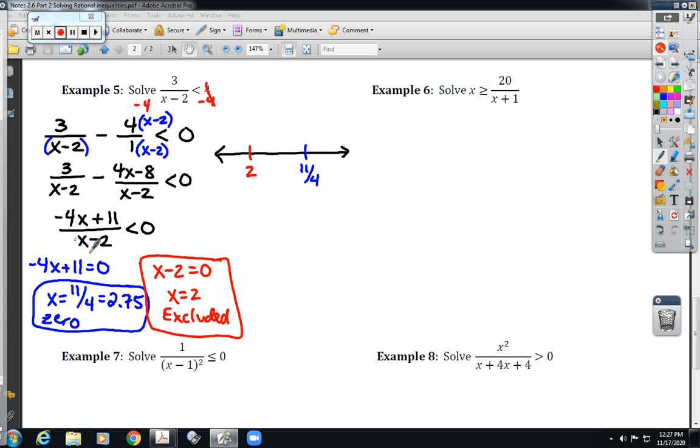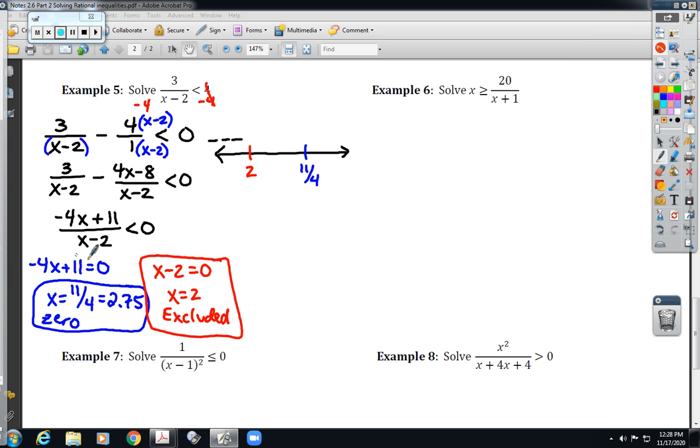Again, if we can plug in 0, which is to the left of both of our numbers, we should do that. When we plug in 0, we have 11 over -2, which means everything below 2 is negative. When I plug in 2.5 or 5/2, I have -4 times 5/2, which is -10, plus 11 is positive 1.